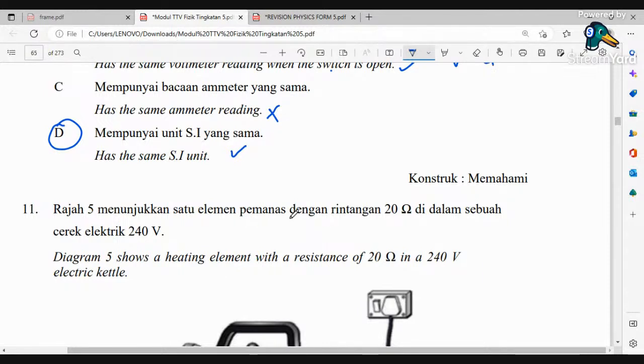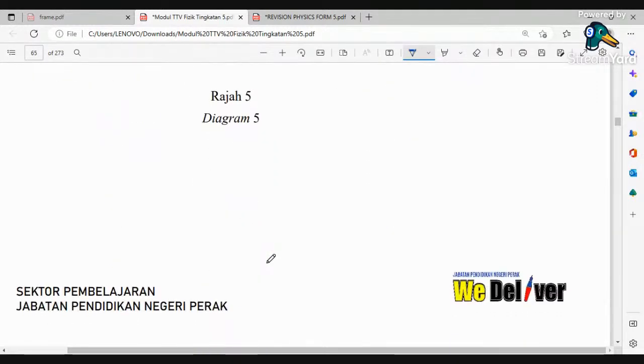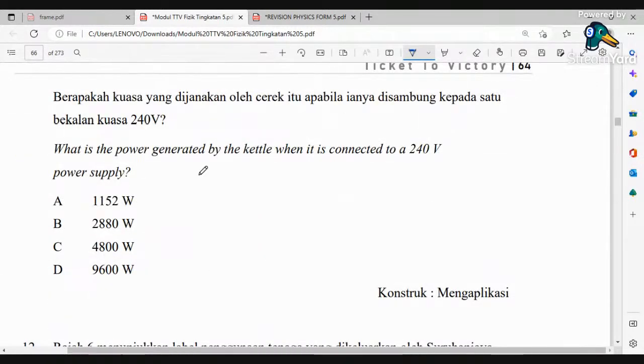Okay, number 11. Heating element resistance 20 ohm in a 240 volt electric kettle. So ini panggil heating element. What is power generated by kettle when connected to 240 volt power supply?